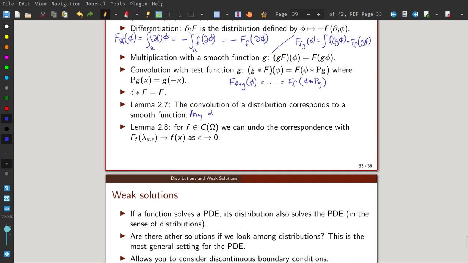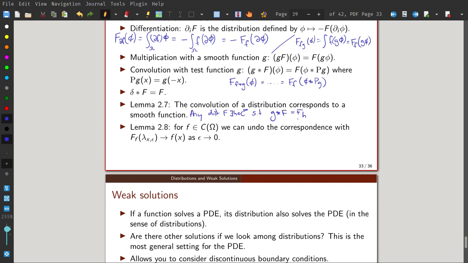Any distribution f, there exists, let's say, an h such that g convolved with f is equal to the distribution coming from h, right? And this h is a smooth function. There exists h in the smooth functions such that this holds.